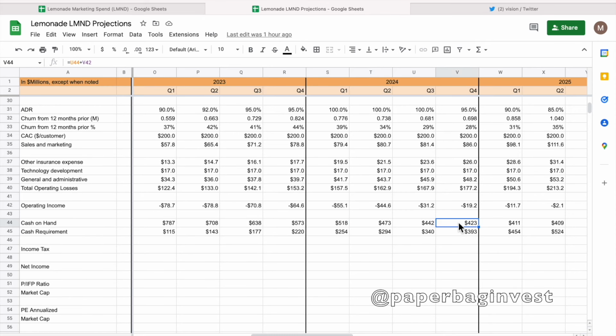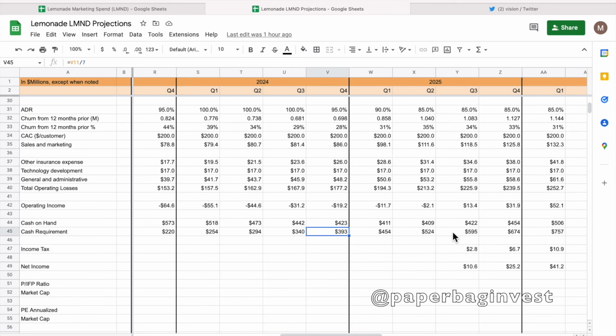Your cash requirement continues to increase because your in-force premium continues to increase. And you get to this point right around here, early 2025 and end of 2024, where they may need to raise money. It certainly is possible that Lemonade might need to raise some money around this point, the end of 2024, early 2025.